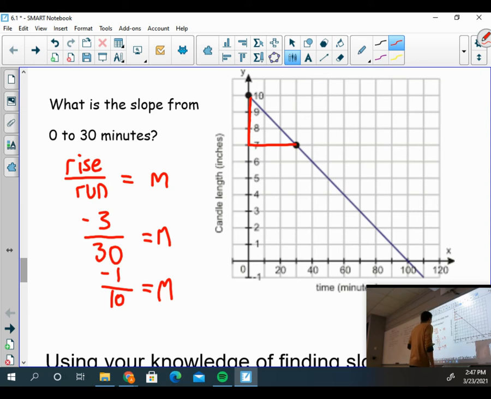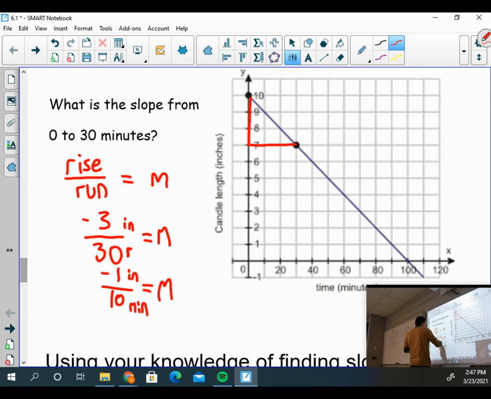Okay? Now let's do a little bit of interpreting in the context of the problem. What does our answer mean? Well, let's look. Our dependent variable is the height in inches of our candle. And our x variable, or our independent variable, is time in minutes.